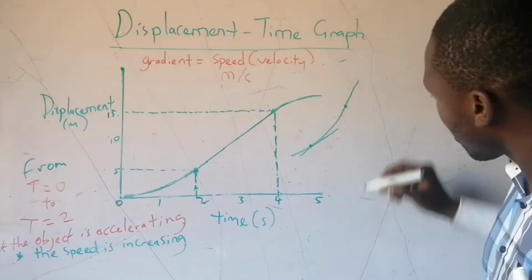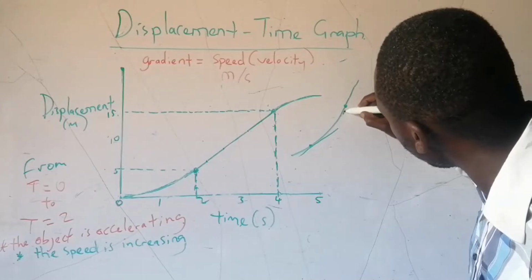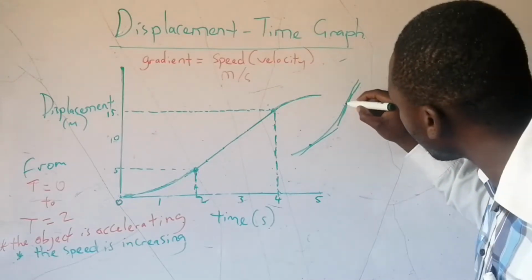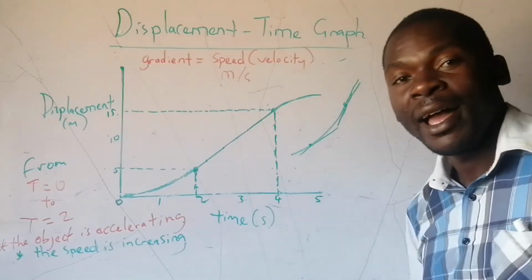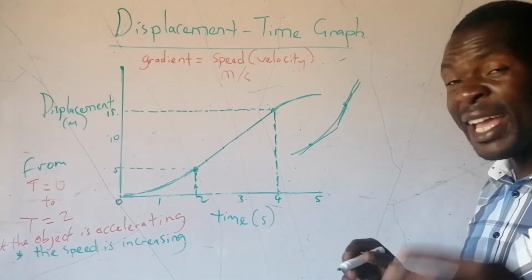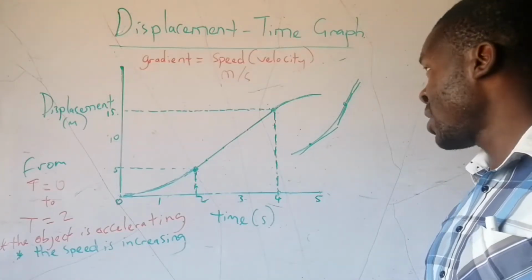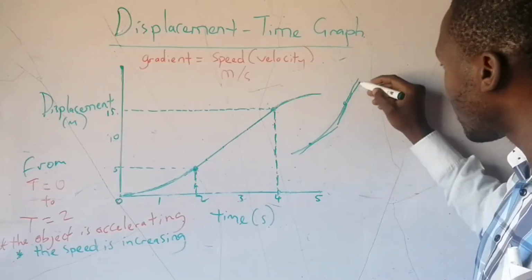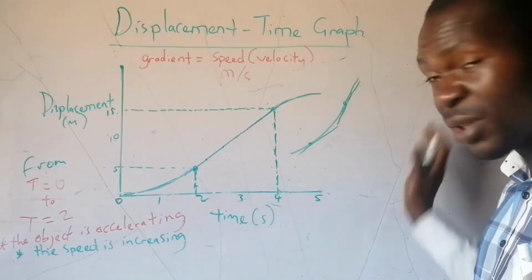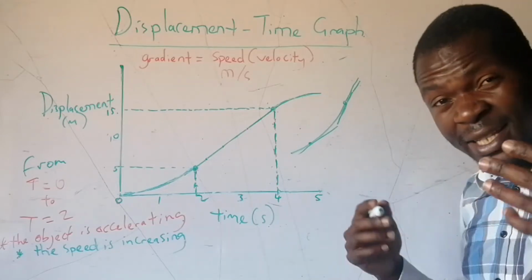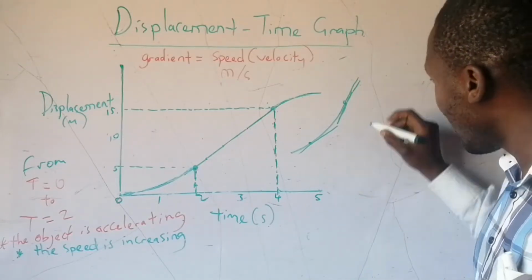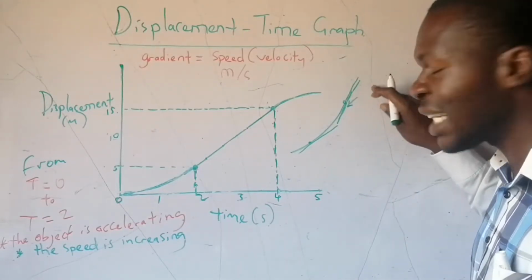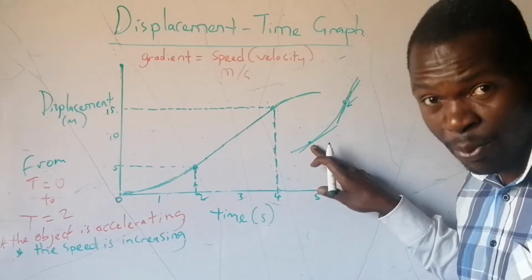At that point, we can also draw a tangent. If we do some calculations, assuming that we know the coordinates, you can see that the gradient at this point is greater than the gradient at that point.